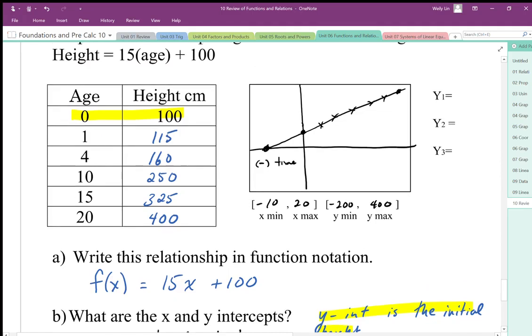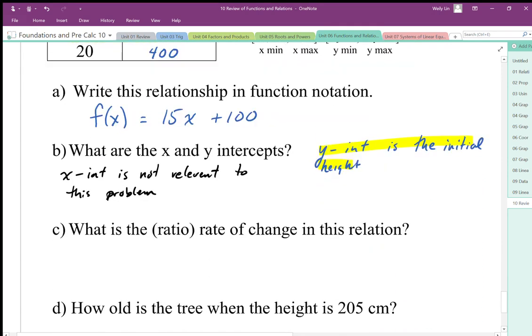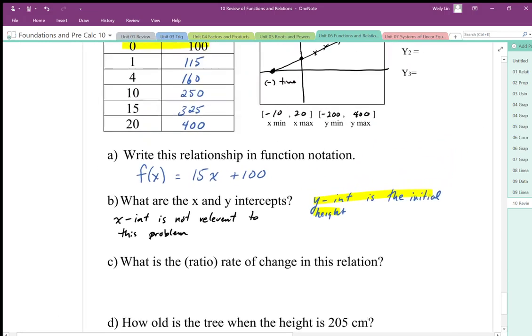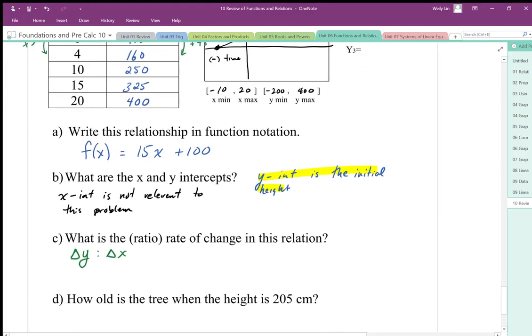I can assume that this is a linear function because of the multiplier on here. So it's asking, what is the ratio of change in this relationship? Remember, the ratio of change shows up on the outside. So I can just see how it changes. We'll compare the change of y to the change in x. That's going to show up on the outside of the function.